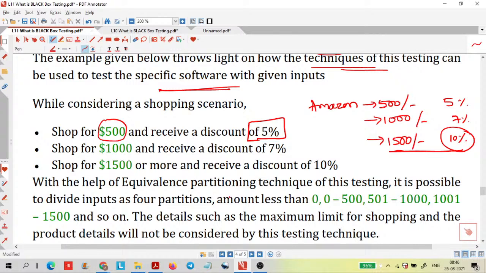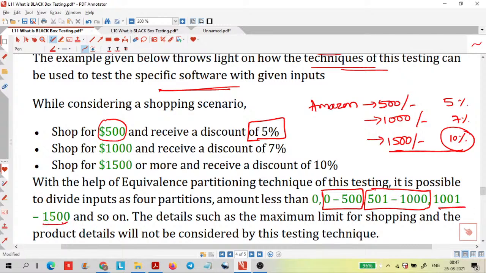फॉर एग्जाम्पल हियर द पार्टीशन, सी 0 to 500 मीन्स 5% मिलता है यहाँ. 5% डिडक्शन मीन्स 5% डिस्काउंट. और 501 to 1000 तक किया तो 7% डिस्काउंट मिलता है. नेक्स्ट 10%.